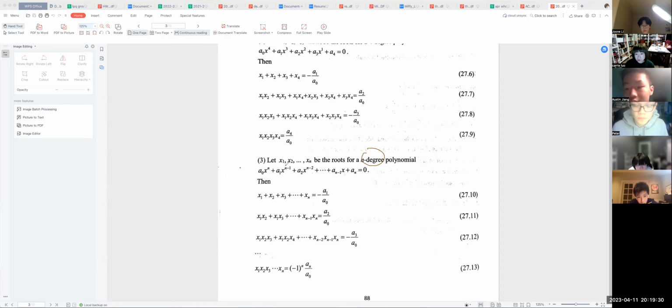So they plus together always equals negative a1 over a0 and times together equals a2 over a0 and all the way. So the times them together, that's a very important part, okay? So if the n is an odd number, 3 degree, 5 degree, 7 degree, 也就是说，the highest degree of this x is 7, 5, or 3. 那这个时候呢, this number is always negative, correct?